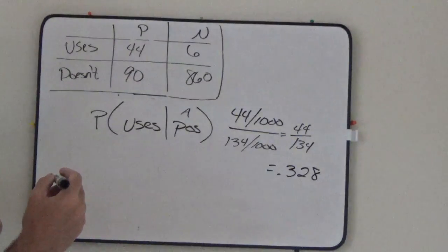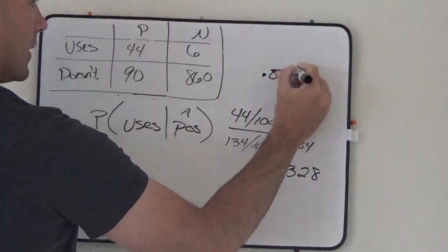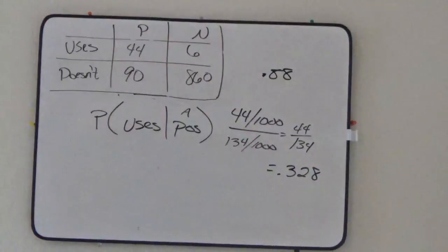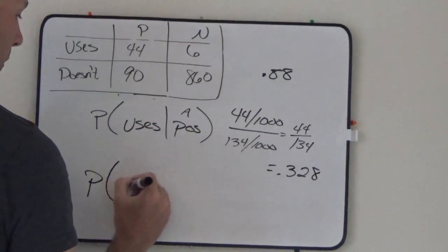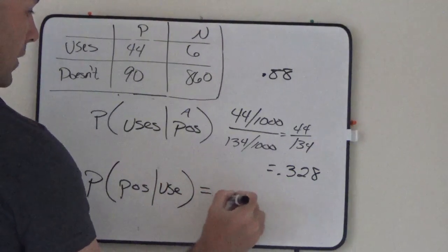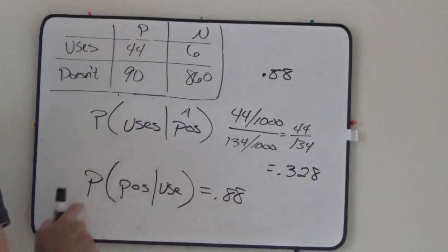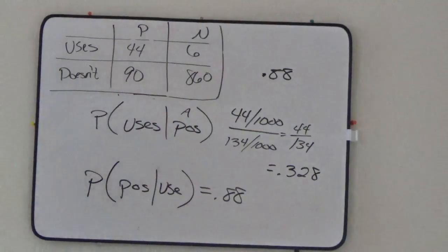The last result, when we did positive given uses, that one was 0.88. These two answers are not the same, okay? And it's important to recognize that. It is not the same thing. Let me put that on here. This one was the probability of positive after knowing that they are a user, which was 0.88. It's important to know that this is not the same as that, okay?